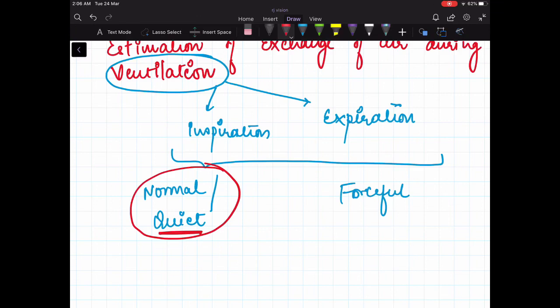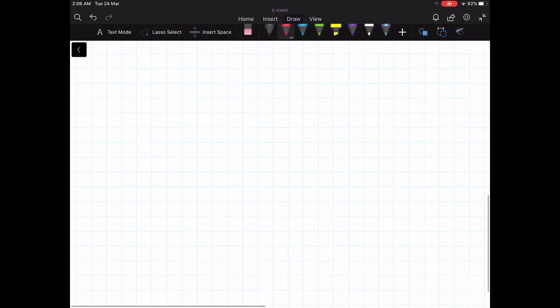Or you could have forceful inspiration expiration, which you can actually hear. And the important thing is, for normal essential living, you don't require forceful inspiration expiration always. Under normal circumstances, you're okay with normal or quiet breathing. Clear? So if this concept is clear, we can understand this graph now.